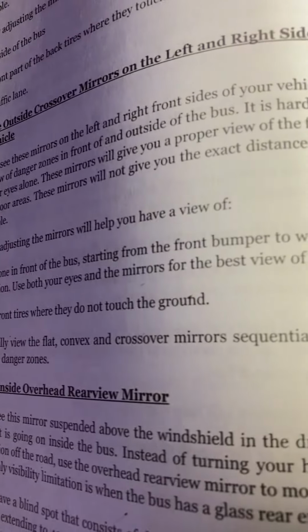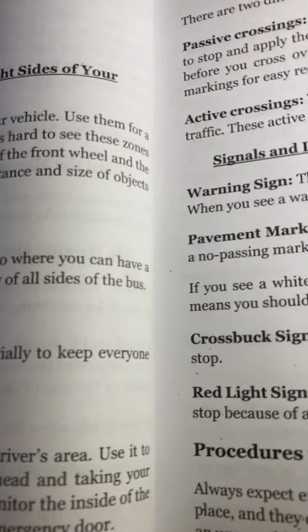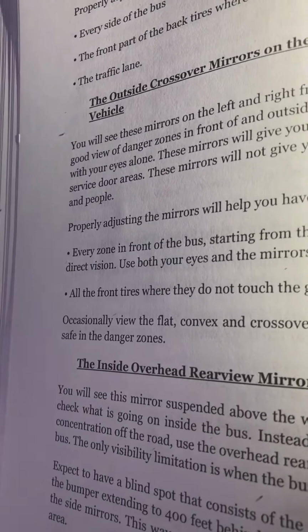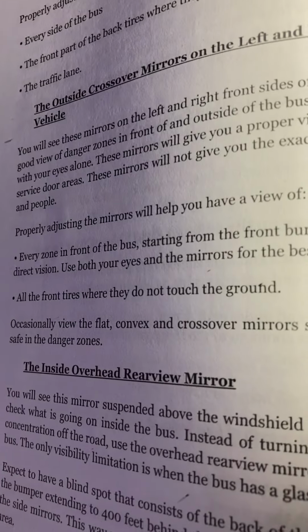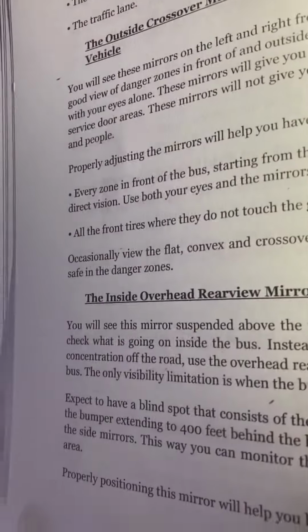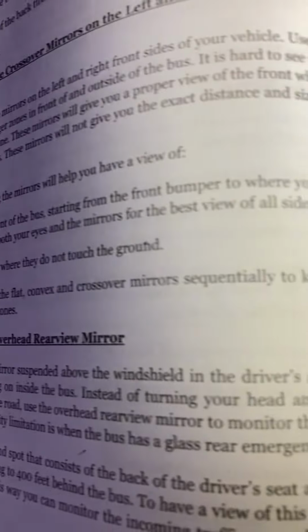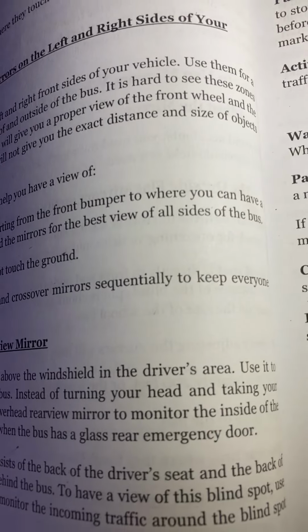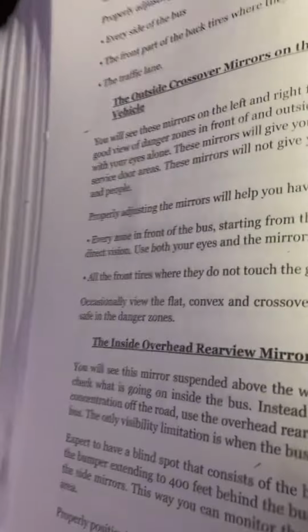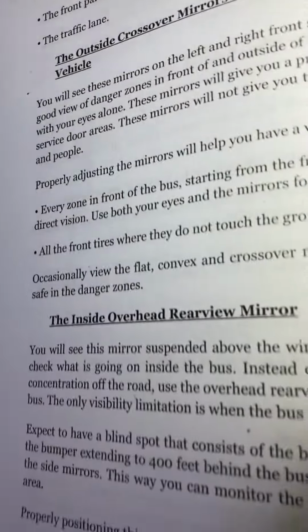Use both your eyes and the mirrors for the best view of all sides of the bus. All the front tires where they do not touch the ground. Occasionally view the flat, convex, and crossover mirrors sequentially to keep everyone safe in the danger zones.